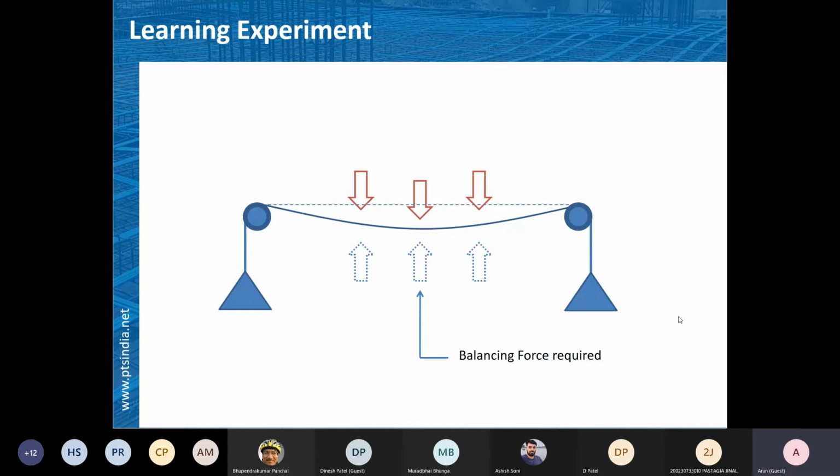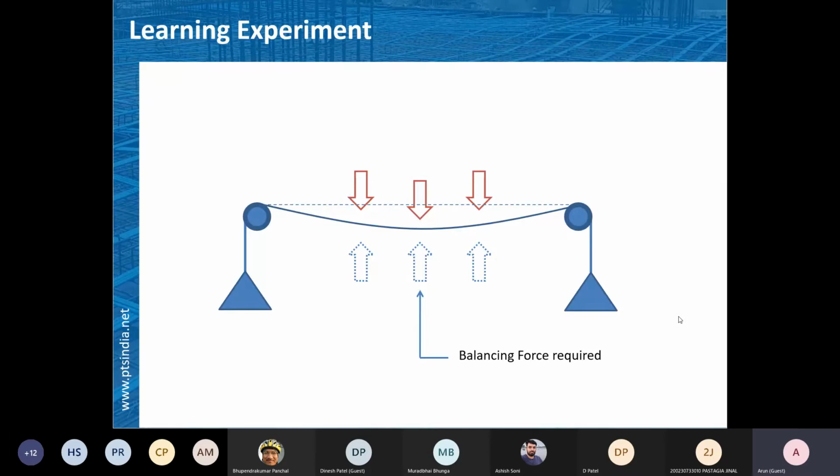So here, to reduce the sag, or to minimize the deflection of this particular element in the presence of the vertical downward force, we need a balancing force, right? So how to get that balancing force?